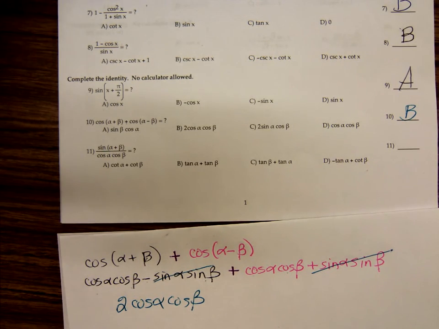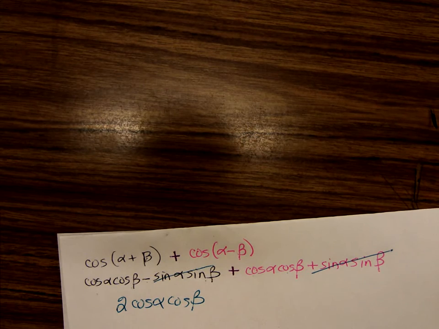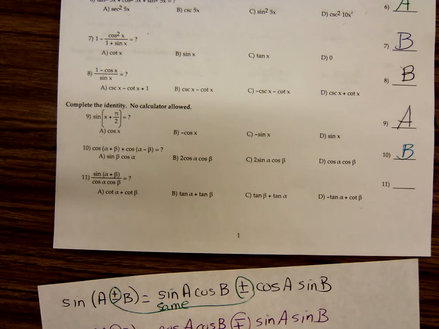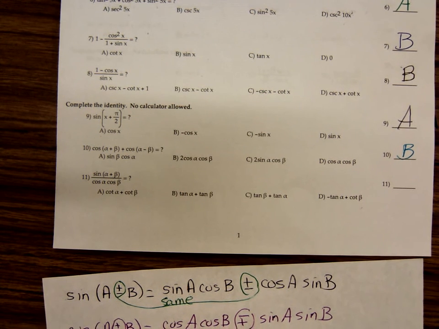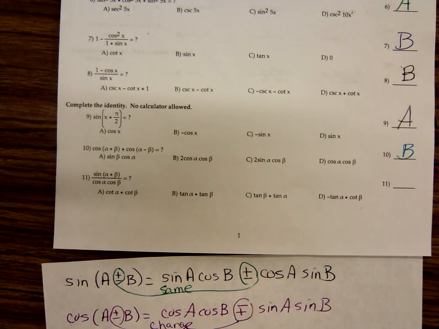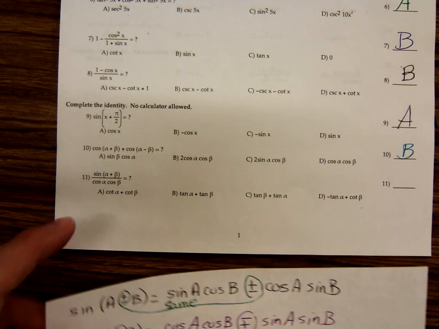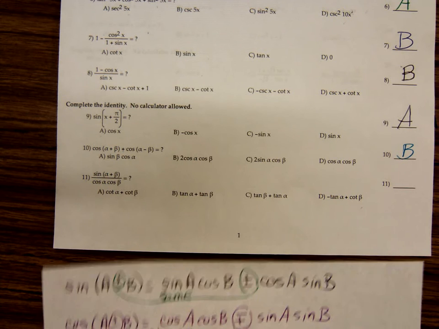Number 11. Do I have time to do number 11? Let me see. I guess so. Sine alpha plus beta divided by cosine alpha cosine beta. Okay. I'm running out of paper on that.